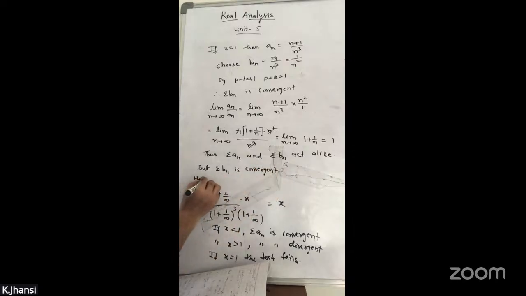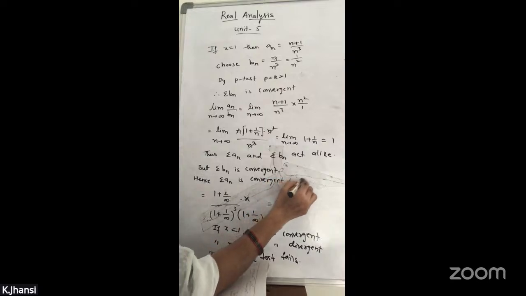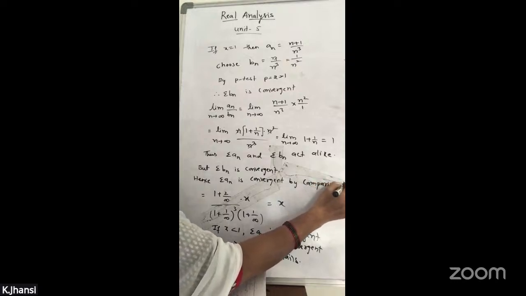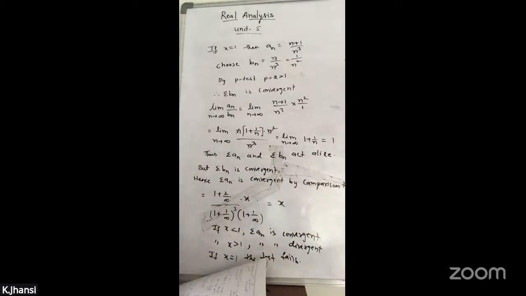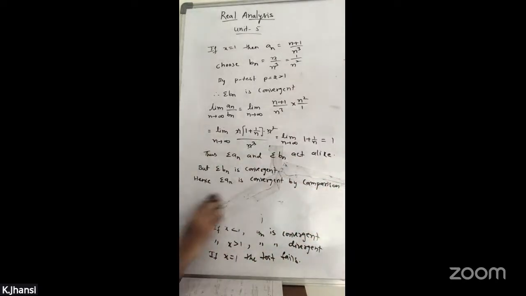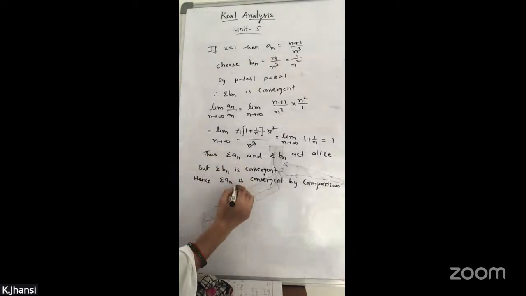Hence, summation an is convergent by comparison test. Okay, so like this, you have to solve the problem for the D'Alembert's ratio test.